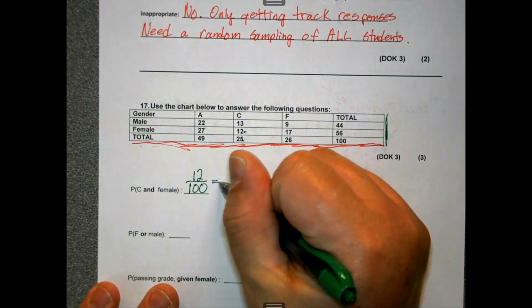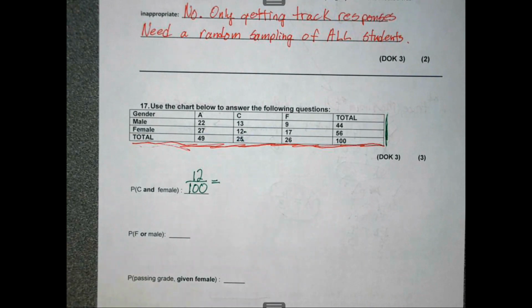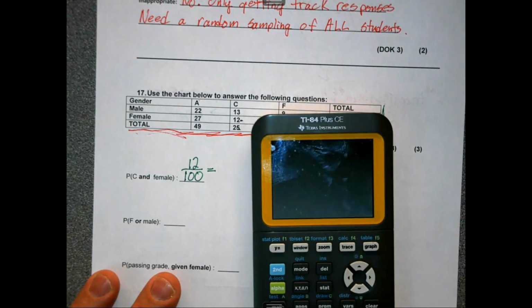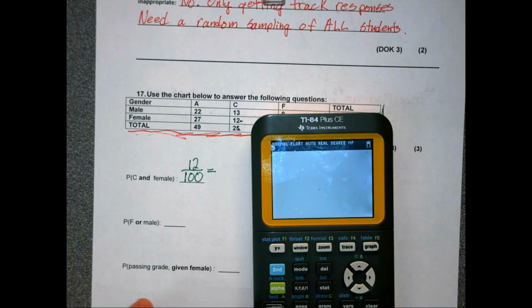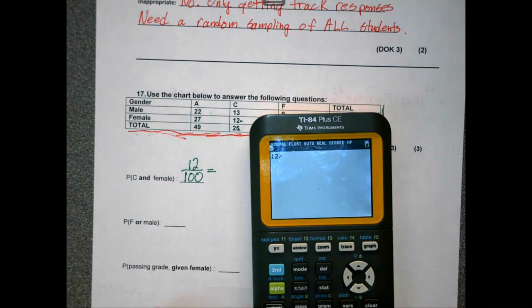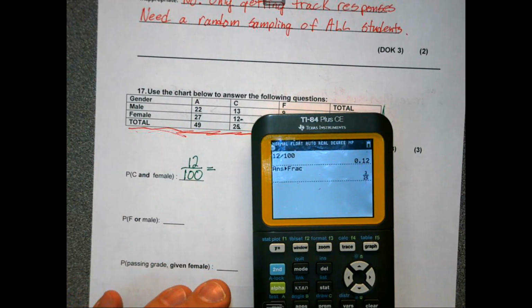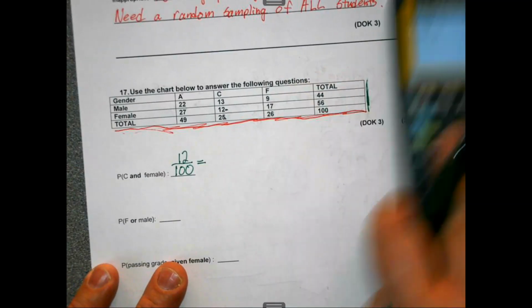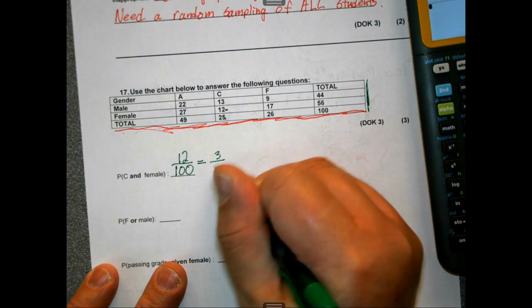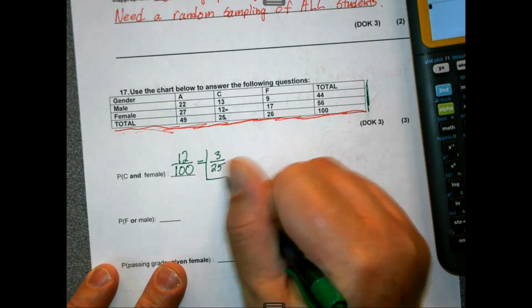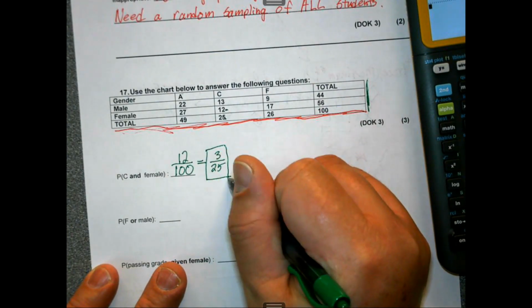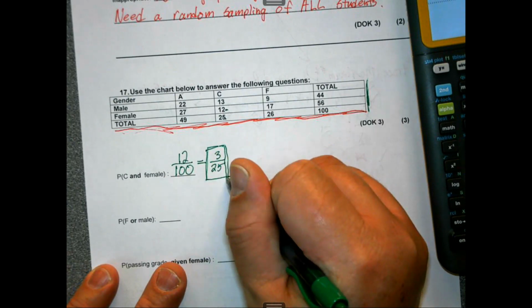Very good, William. Doing great today, by the way. 12 over 100 can be reduced. Twelve divided by 100, enter. 3/25. I would have done it in my head, but I screwed this problem up so many times.